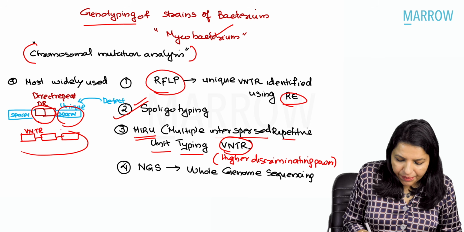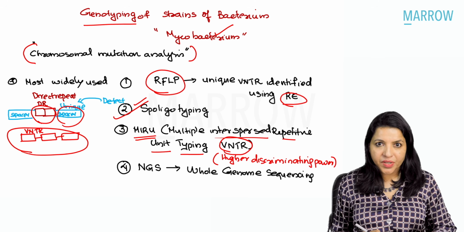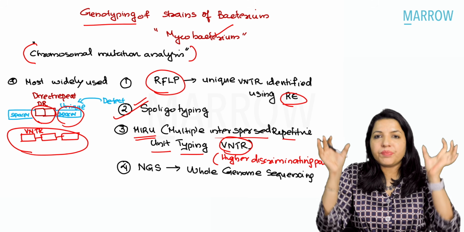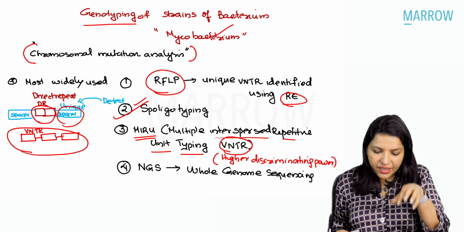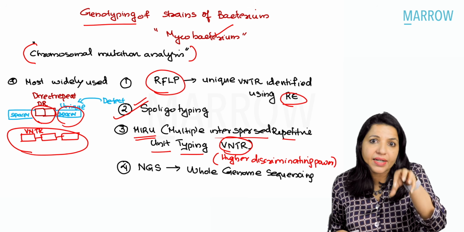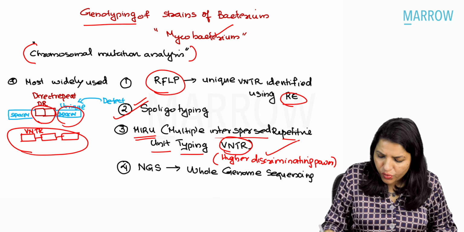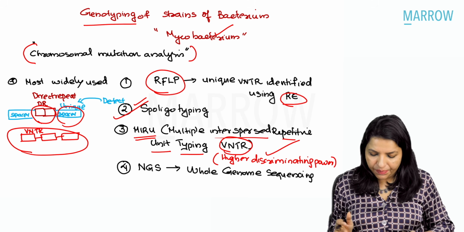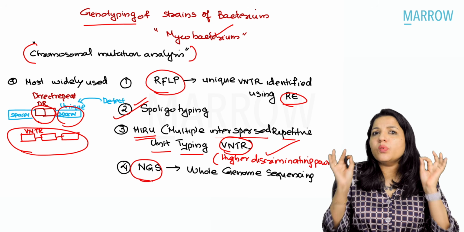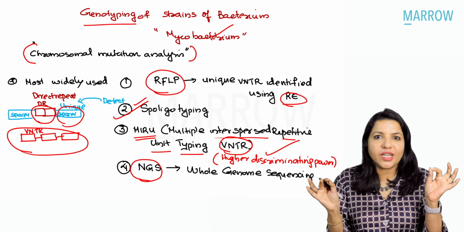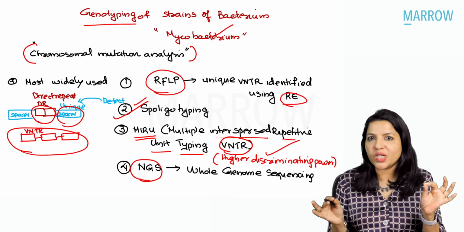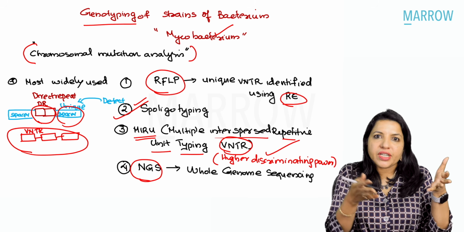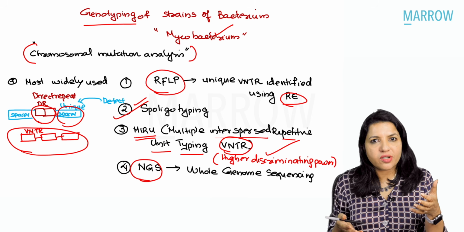In spoligotyping, the spacer sequences on either side of the direct repeats are analyzed, while here the VNTRs are directly analyzed, so it has much higher discrimination and is a much better technique than spoligotyping. Then the final word for genotyping of strains is next generation sequencing, where we can do whole genome sequencing and find out the different strains of the bacteria.